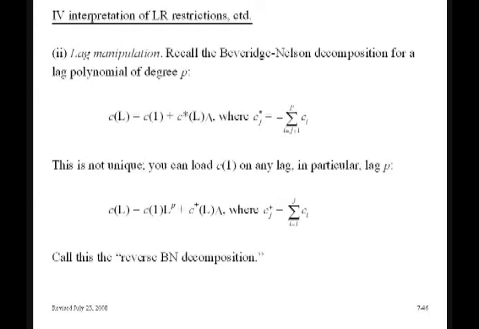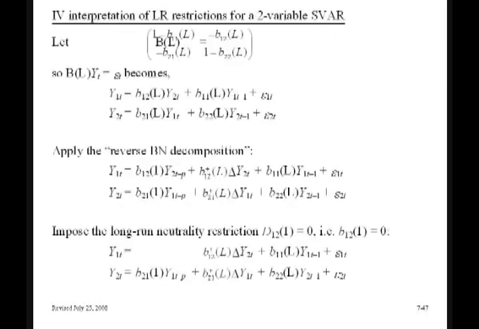So if we go back, I'm going to take advantage of that. What I'm going to do is let me skip ahead one slide. I'm going to take advantage of that expression that B1,2 of 1 equals 0 to work out what the explicit restrictions are on this equation in the VAR.